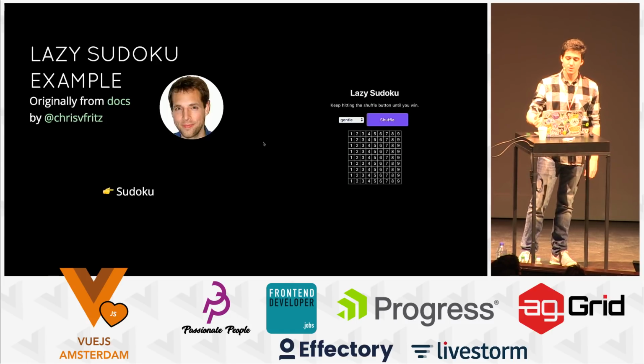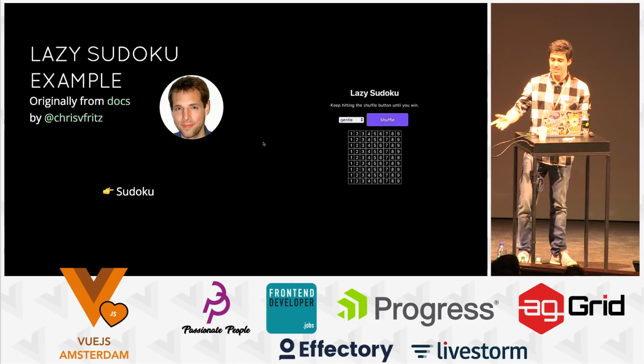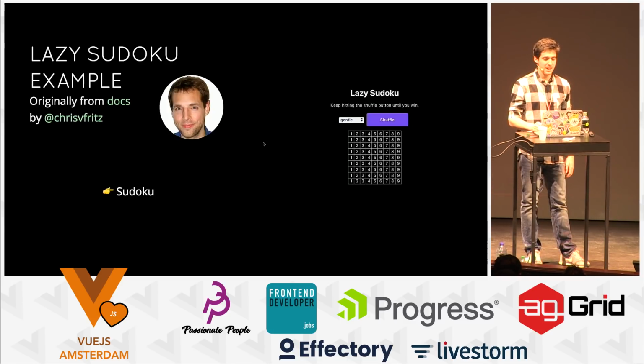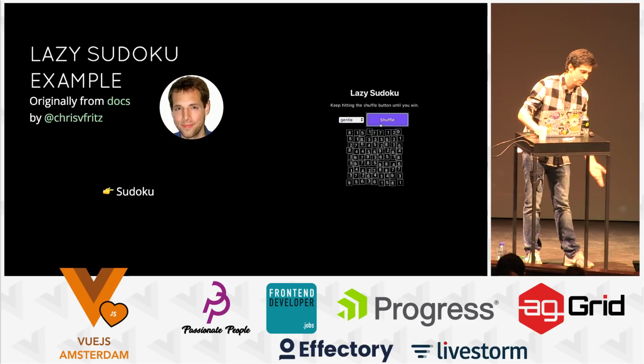It reminds me of the BOGO sort. Anyone knows what the BOGO sort is? Yeah? It's a sorting algorithm that consists in just shuffling the array until it's sorted. So obviously, it's a very bad algorithm for sorting. And lazy Sudoku is exactly that. You just keep shuffling until you get the solution right.